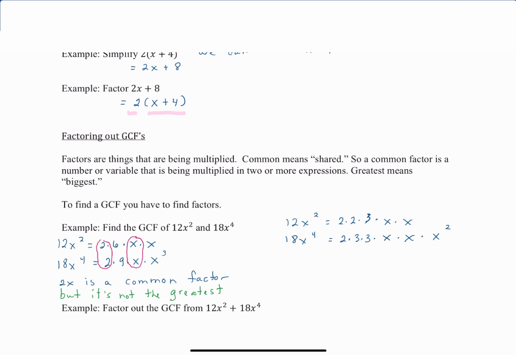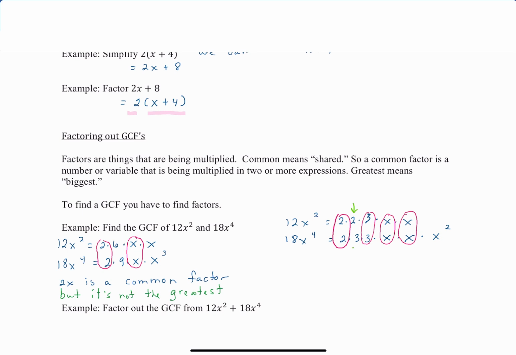So now we can see that these two things share a factor of 2. There's a common factor of 3. And there's 2 common factors of x. And that's everything. There's one more 2 that the 12x squared has, but it's not shared because I don't see it in the line below.